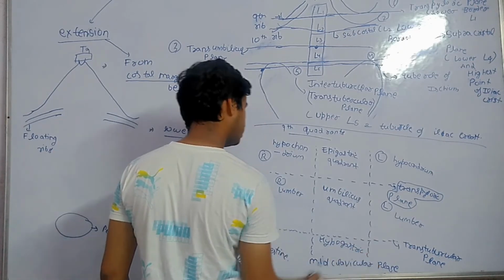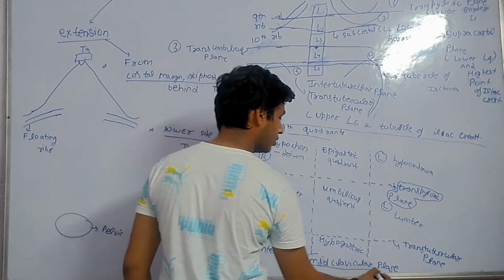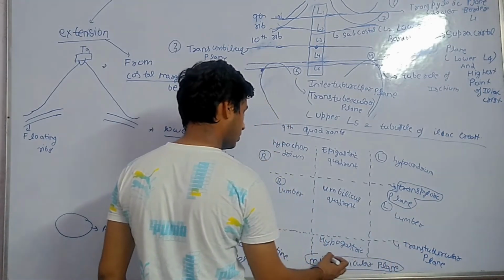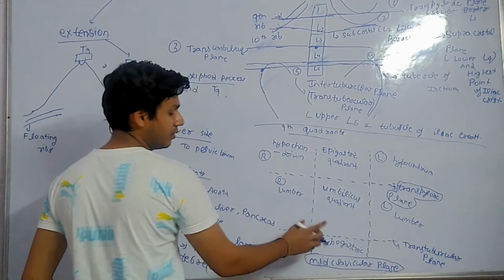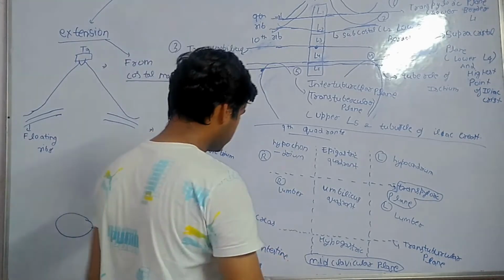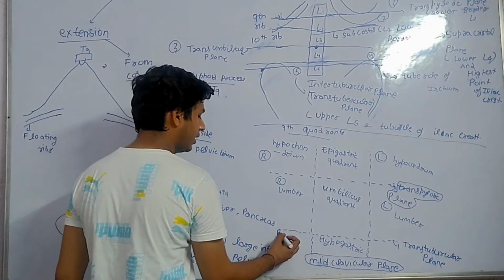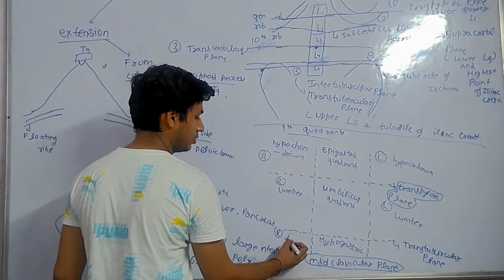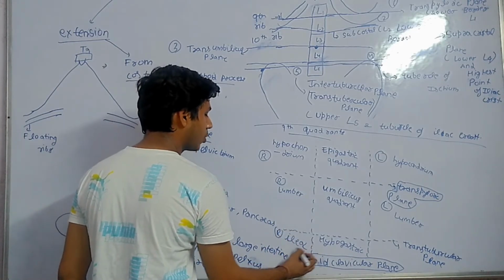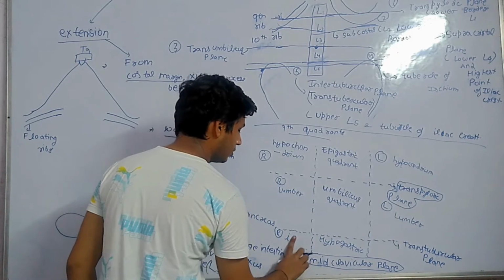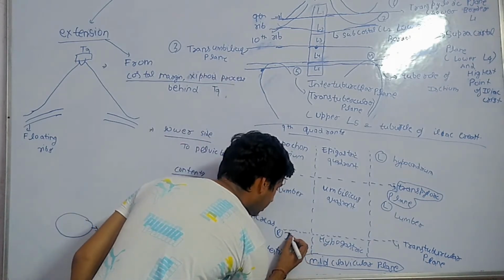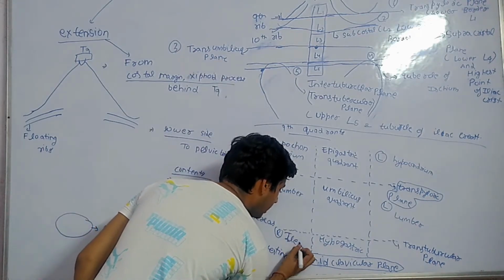Done. This is the plane. And right and left, here we know the ilium is present. This is called iliac. Right iliac quadrant.